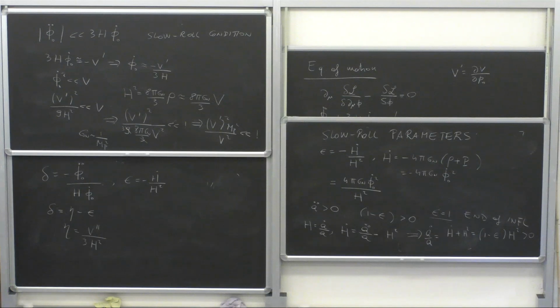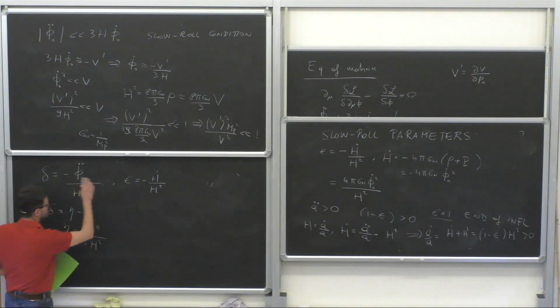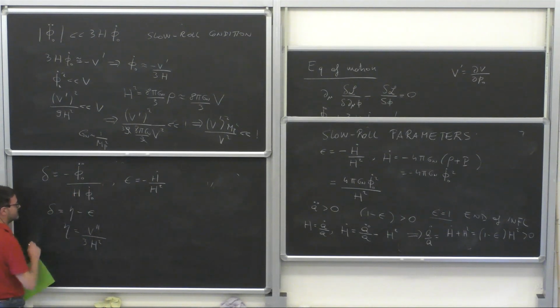Sometimes there is some confusion in the literature, because if I express this delta parameter and the epsilon, those are the generic definitions, the correct ones. But sometimes people like to express these parameters in terms of the potential using the slow-roll condition. So sometimes people put a V index here, just to remember that they are the same parameters but expressed in terms of the potential.